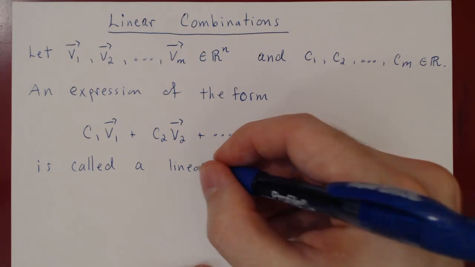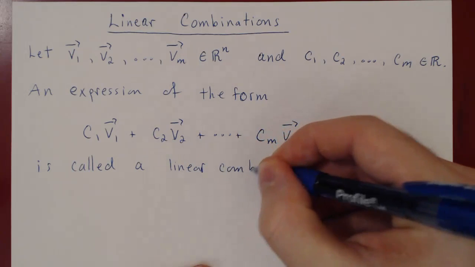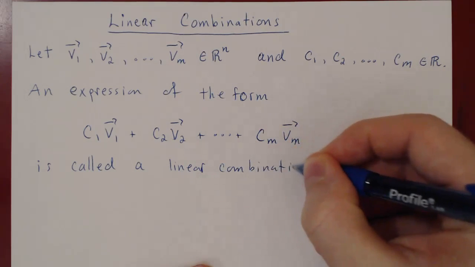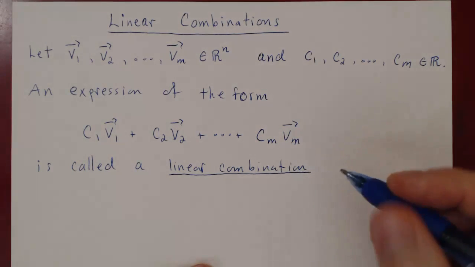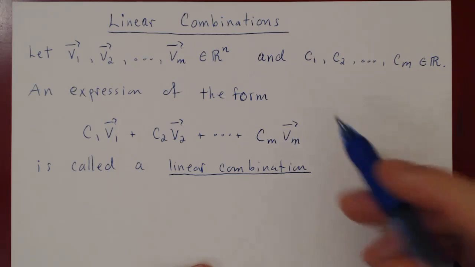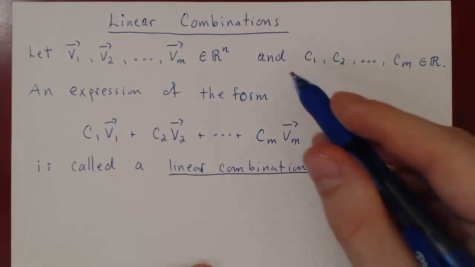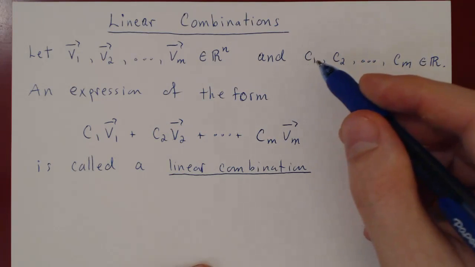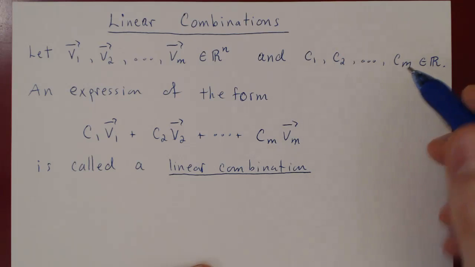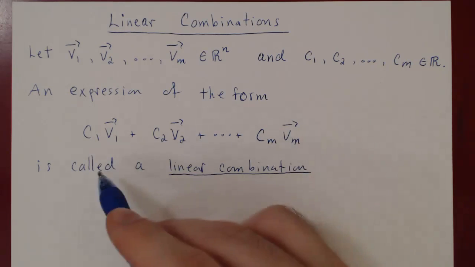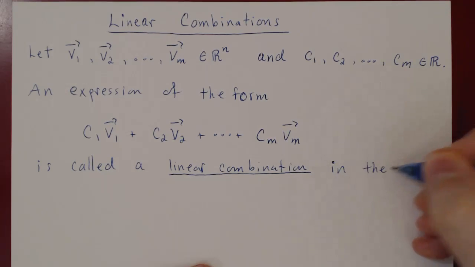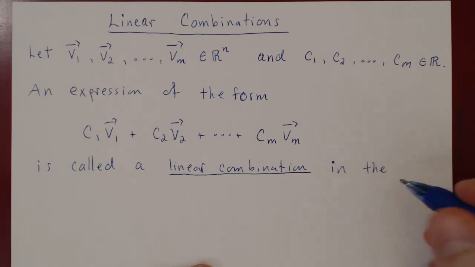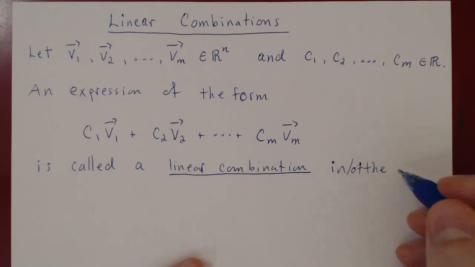A linear combination. There are two key sets of things here. There are the vectors v1 through vm and the scalar multiples c1, c2 through cm. So this is called a linear combination in, or of, the vectors, same thing.